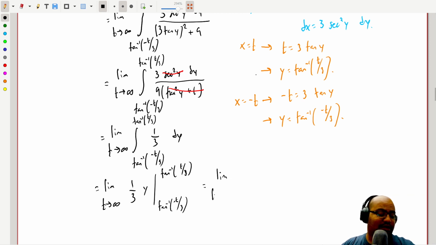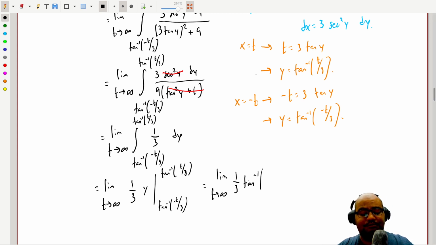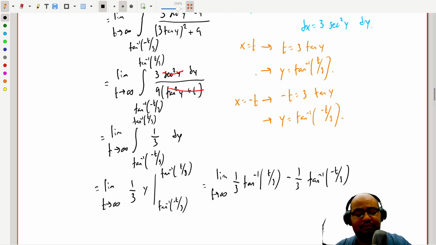And now we have this. So we have to think about the limit for the arctan function here: 1/3 arctan of t over 3 minus 1/3 arctan of minus t over 3. Now, we're going to have to remember something about arctan here.